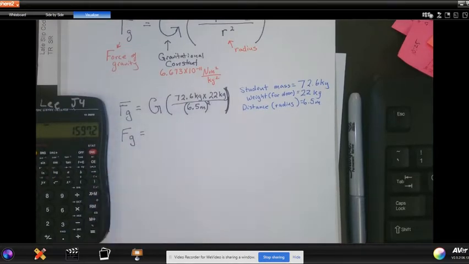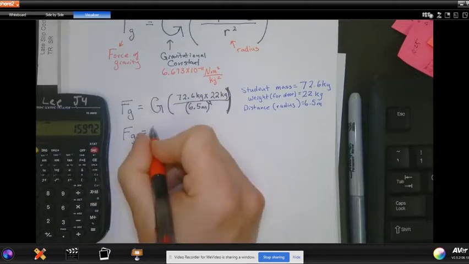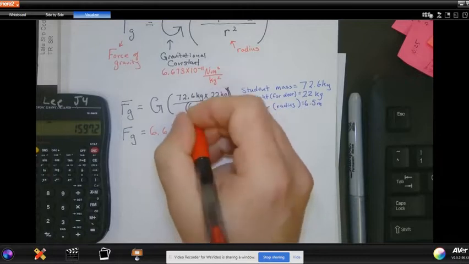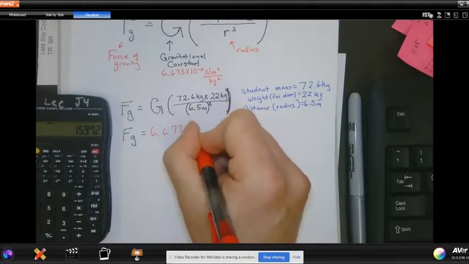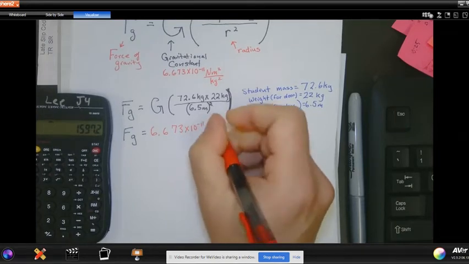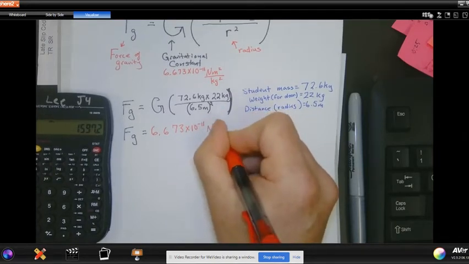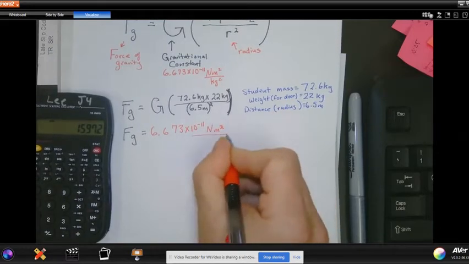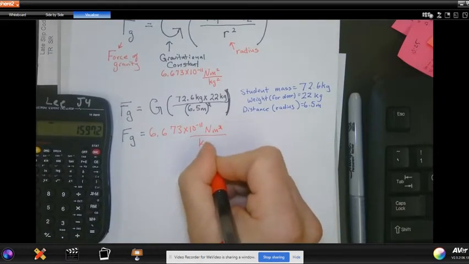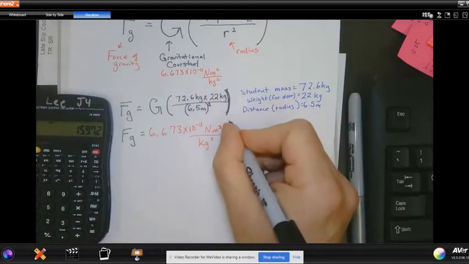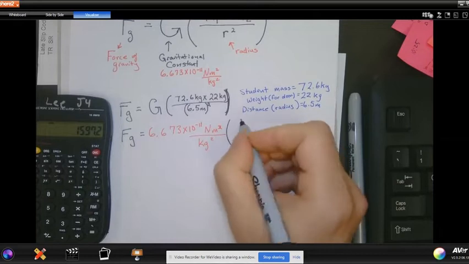This time I'm going to write that gravitational constant in for kicks and giggles: 6.673 times 10 to the negative 11. Remember, it's important to write those units. Newton meters squared over kilograms squared.